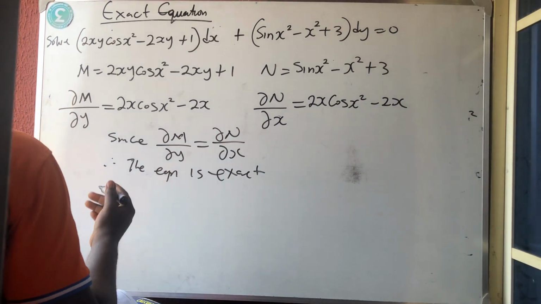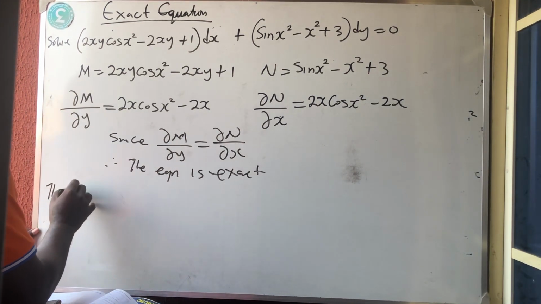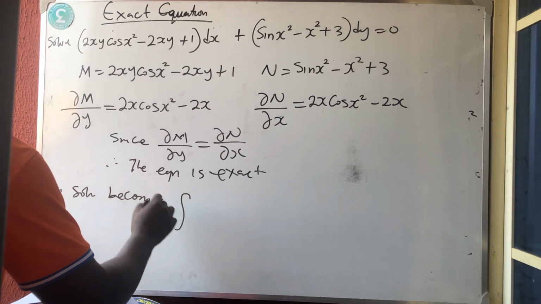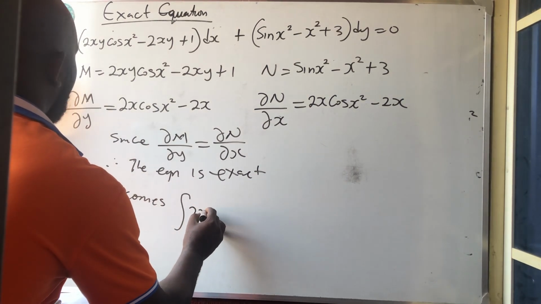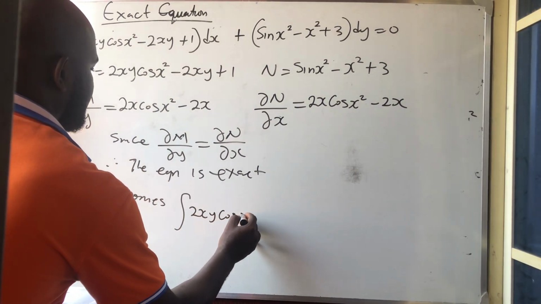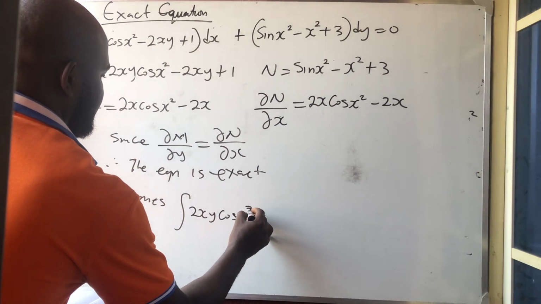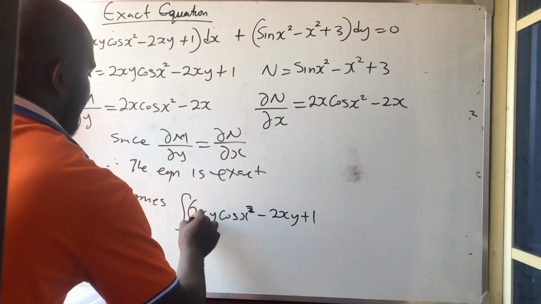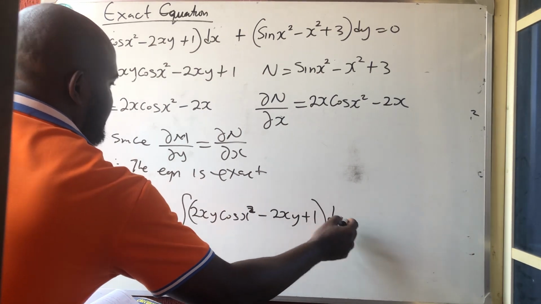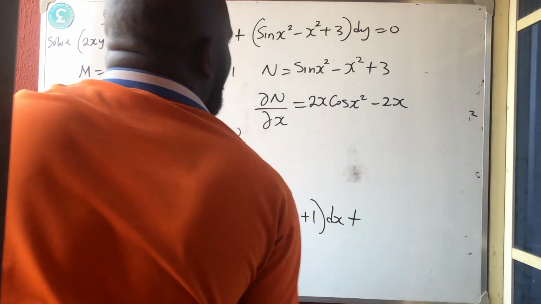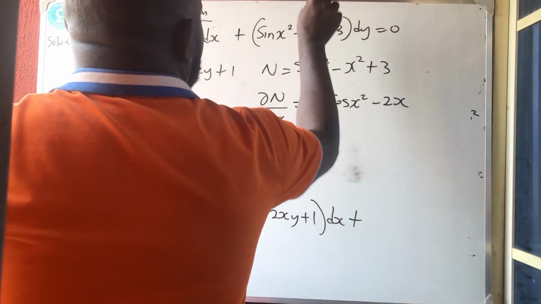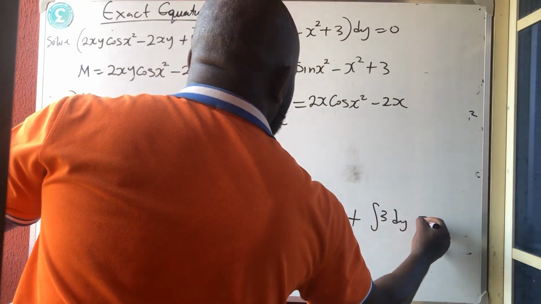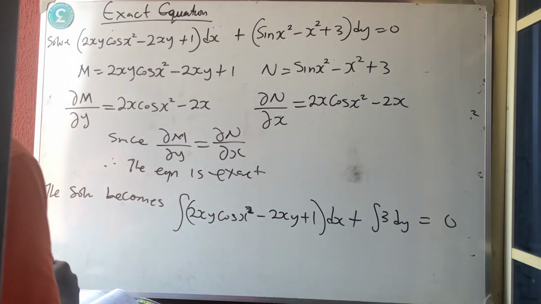So since it's exact, the solution becomes the integral of this first one, 2xy cos x squared minus 2xy plus 1, all dx, plus only the one that does not have x. This one has x gone, this one has x, there's only 3. So I'm having the integral of 3 dy is equal to 0. So how do we integrate this now?